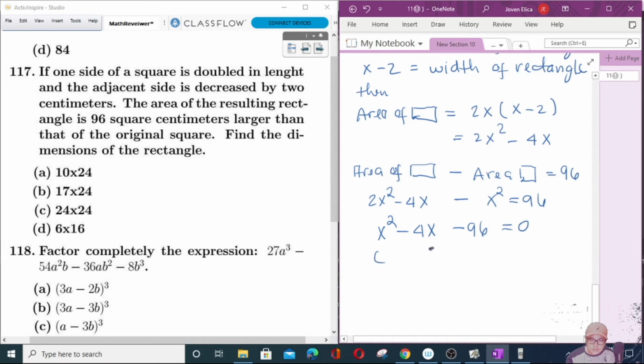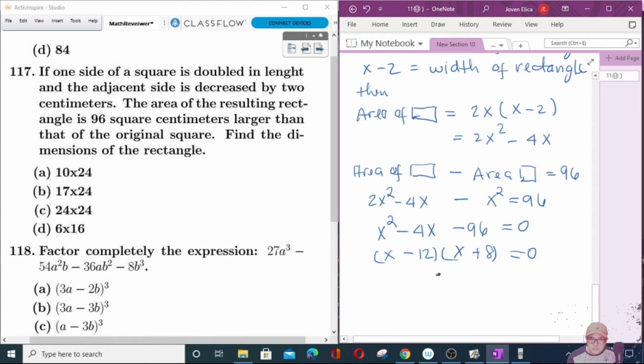So this is factorable into x minus 12 and x plus 8, since the factors of 96 are 8 times 12, and minus 12 plus 8 is negative 4x.